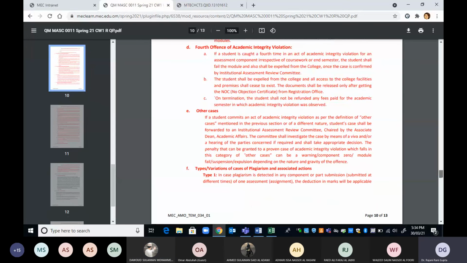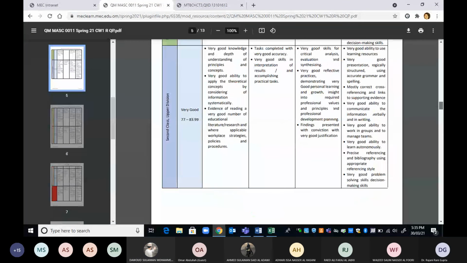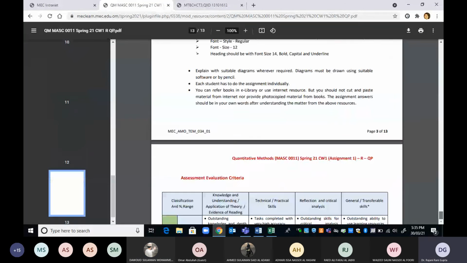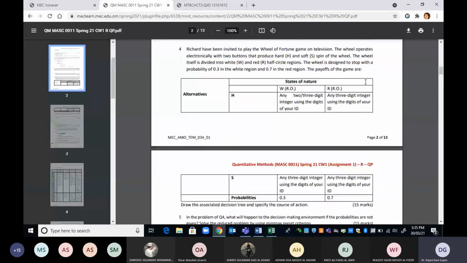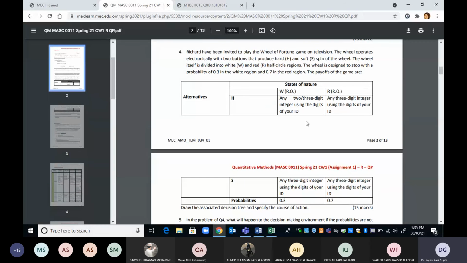Miss, here you said proposal, we don't have a proposal. We have just this assignment. Okay, so for mathematics modules, you don't have that. Here you are asked to use any 2 or 3 digit integer from your ID. See, suppose your ID is 12S1234.